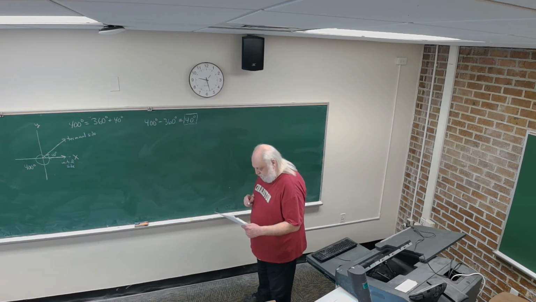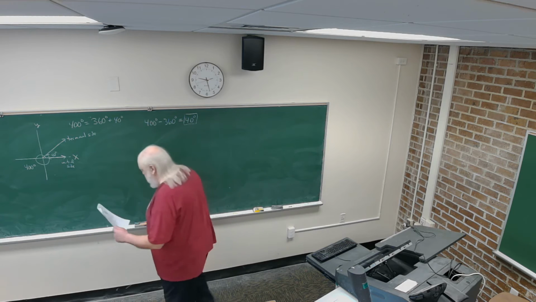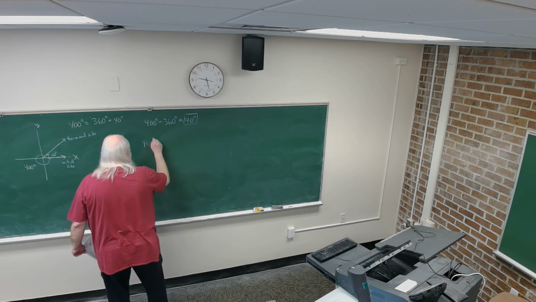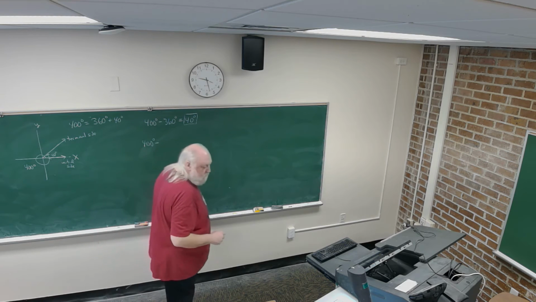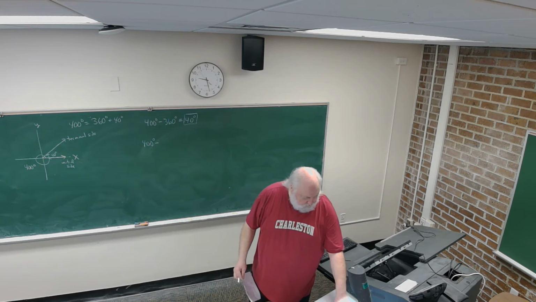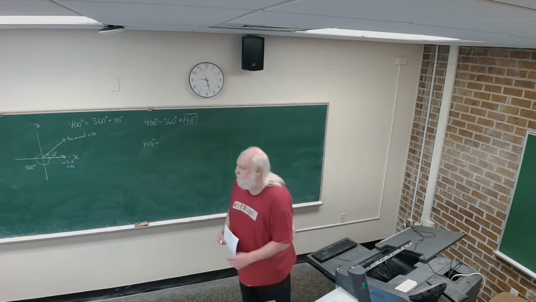C says find a coterminal angle between minus 360 degrees and 0. Okay. Well, up here it says any two coterminal angles have degree measures that differ by an integer multiple of 360 degrees.